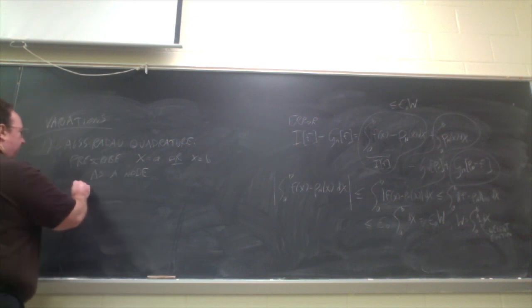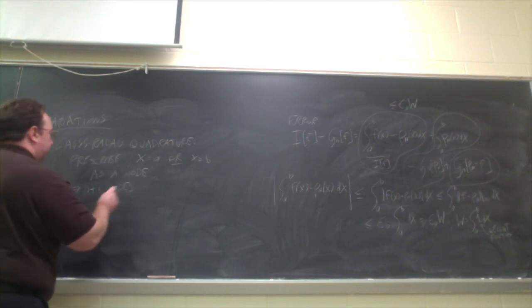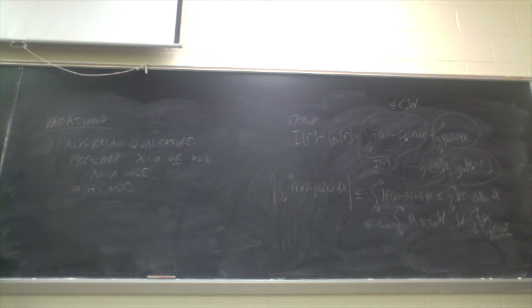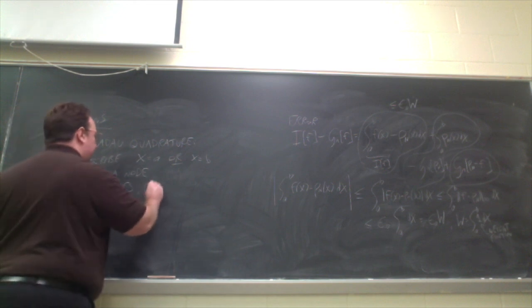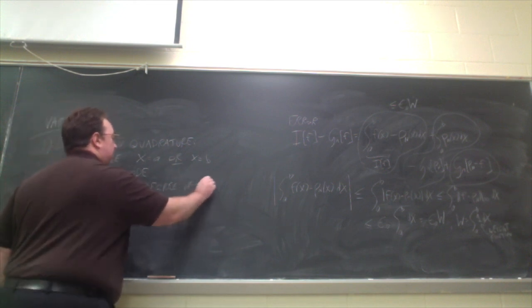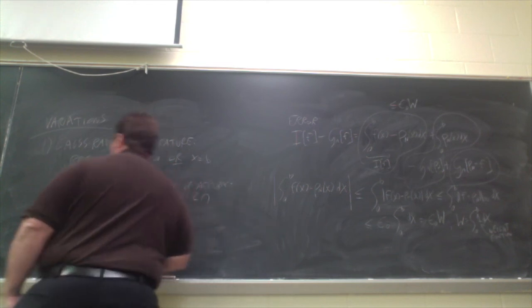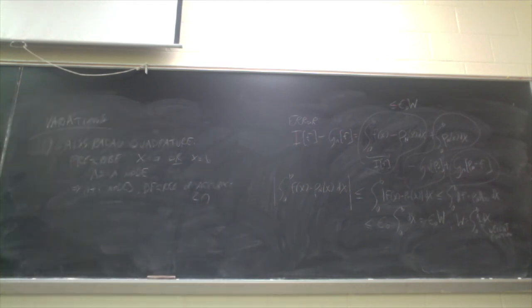So what you get is a total of n plus 1 nodes. So you do n nodes that are like Gaussian quadrature-like, and then you throw in one more. And so that makes the degree of accuracy 2n. So normally with n Gauss nodes you have degree of accuracy 2n minus 1, you throw in one more node, you get one more degree of accuracy.